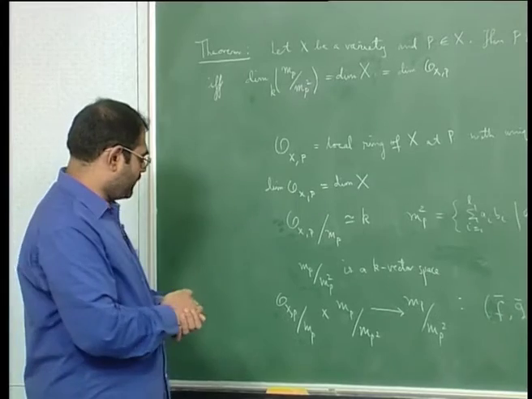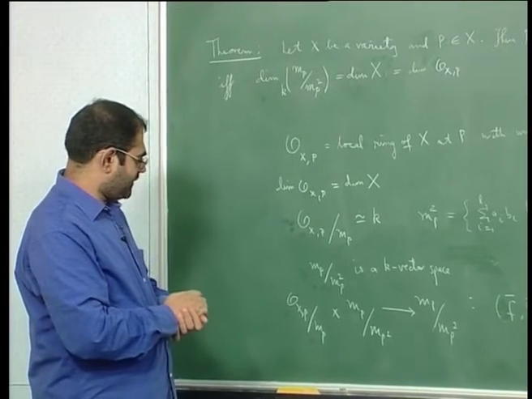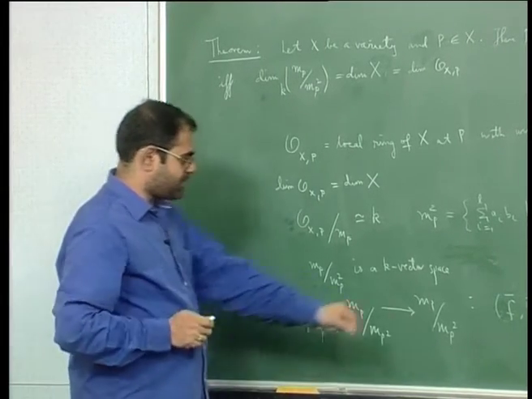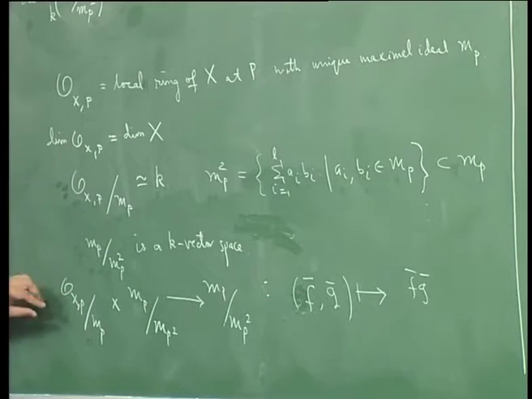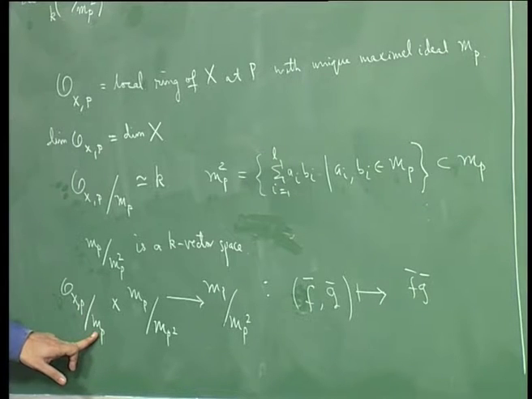Okay, so you can check that this map is well defined, where this f bar is, where f is an element of the local ring, so it is a germ of a regular function at the point P, and f bar is its image. Actually f bar is just that regular function evaluated at the point P, it is just evaluation.